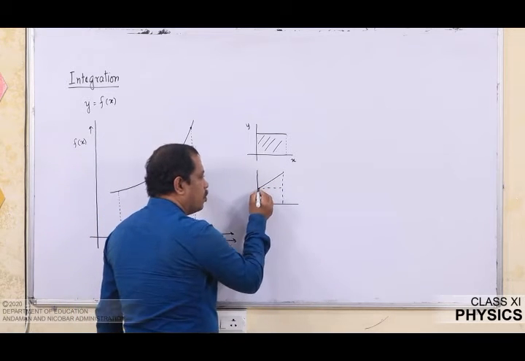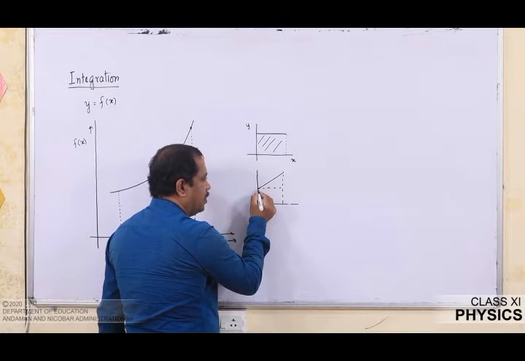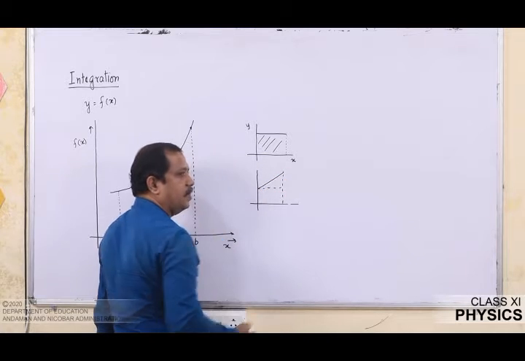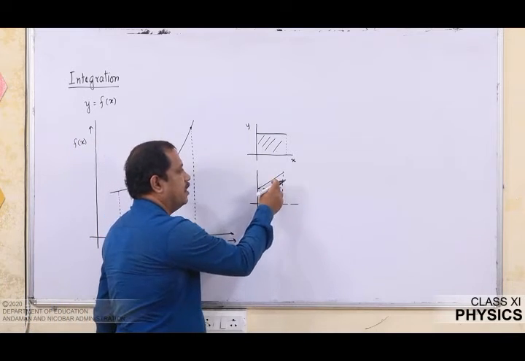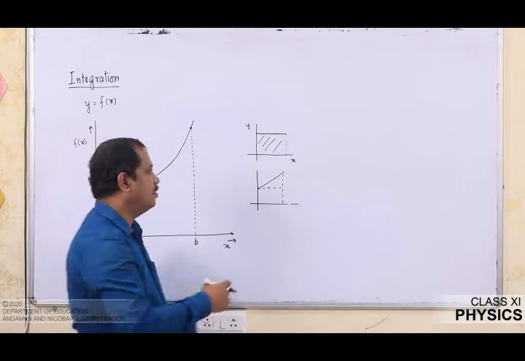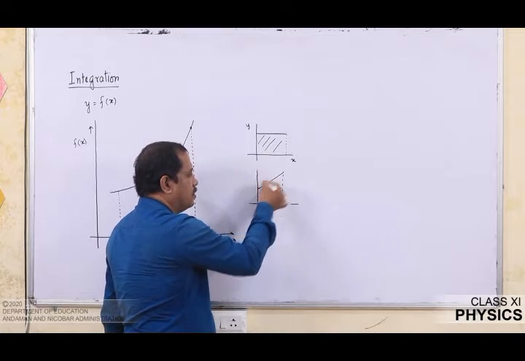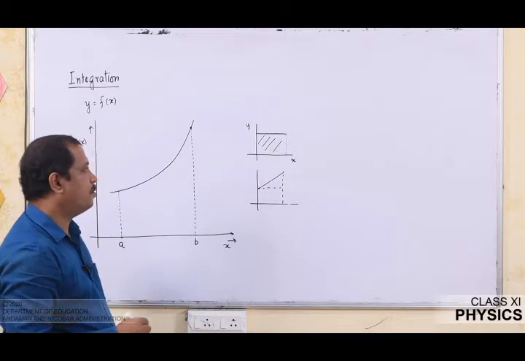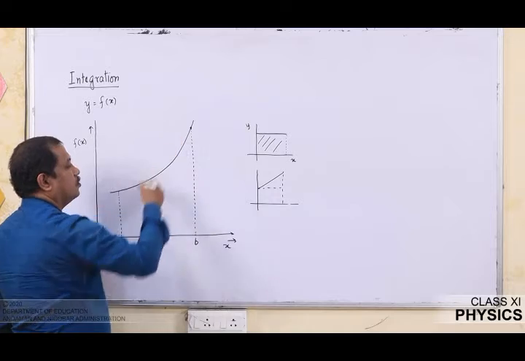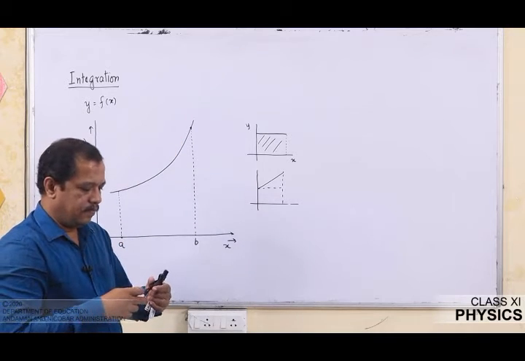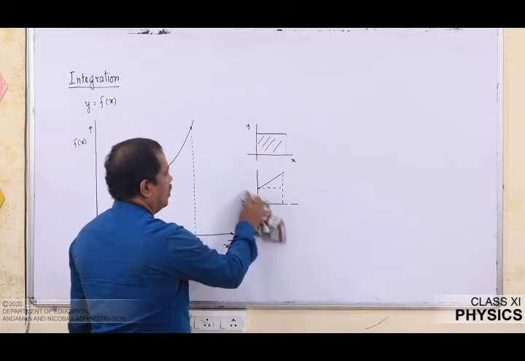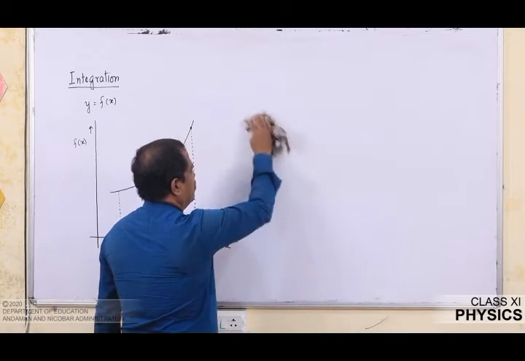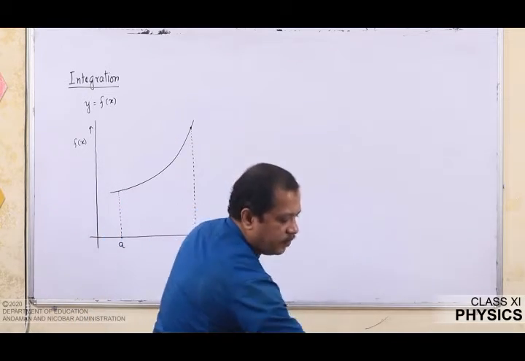I could have used the formula for the area of a rectangle and the area of a triangle, and found the sum of the two to get the total area bounded by this straight line. However, my case is different, it is a curve. So, for this curve, I do not have any formula. So, what can I do? I am going to try with some innovative idea.